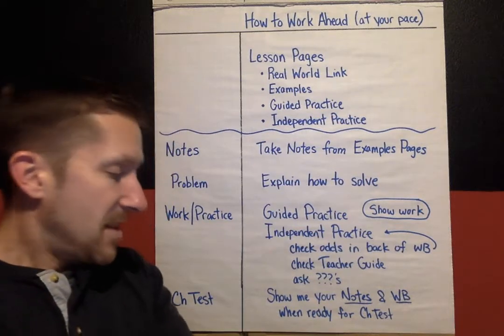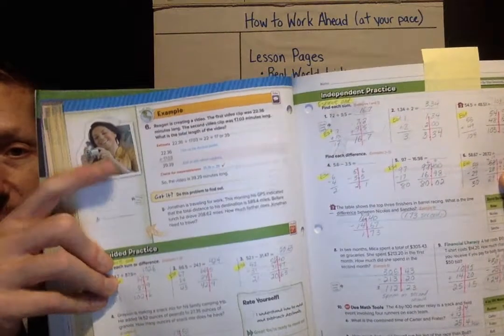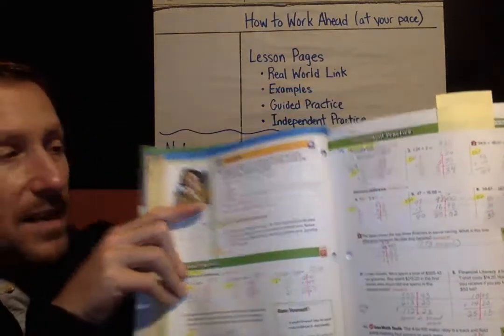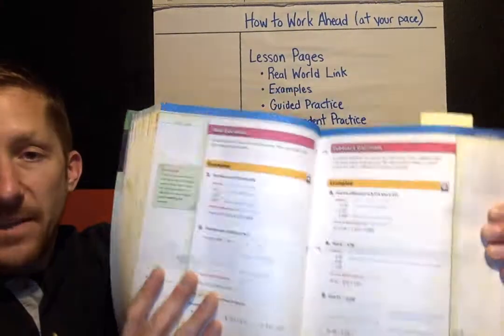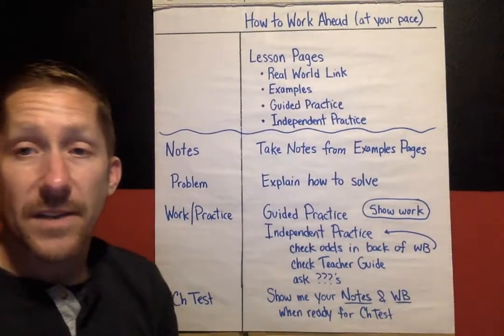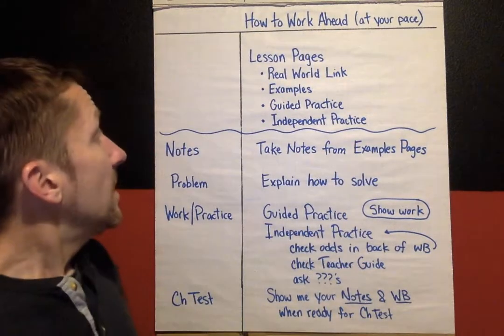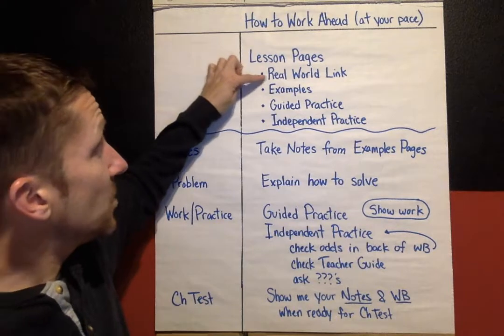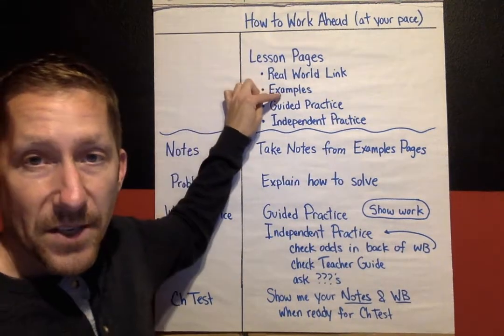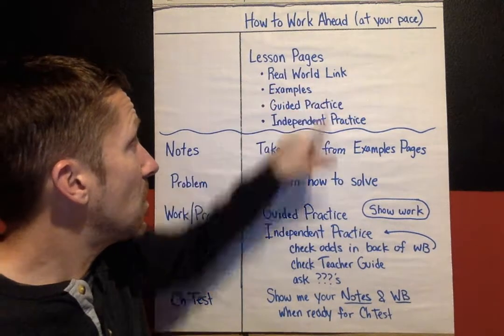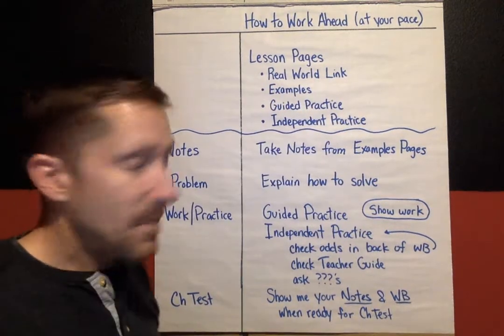On this one, there is another example on the next page, example 6. So a lesson starts with the real world link, and then there's 2 pages of examples, sometimes a little bit more than 2 pages. In fact, let me add that on here.